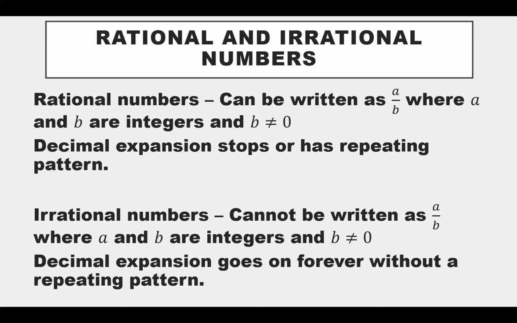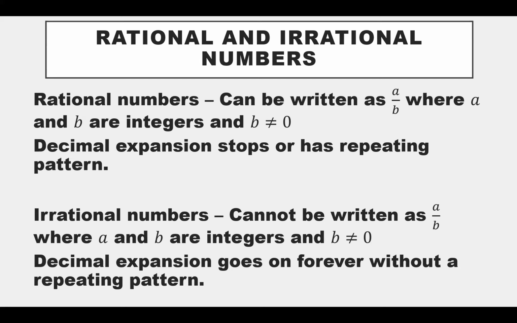We can recognize rational numbers when they're written as A divided by B fairly easily, but we can also recognize rational numbers based on their decimal expansions. If I look at the decimal expansion of a rational number, it is going to either stop after a certain number or it's going to have a repeating pattern.